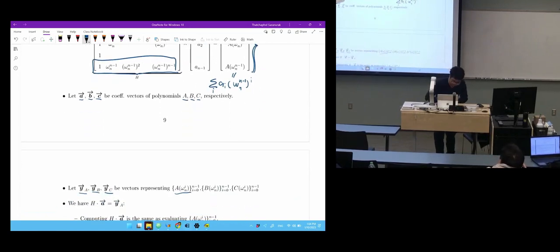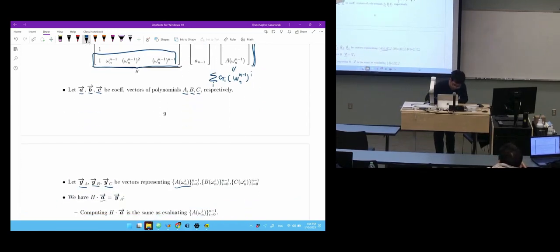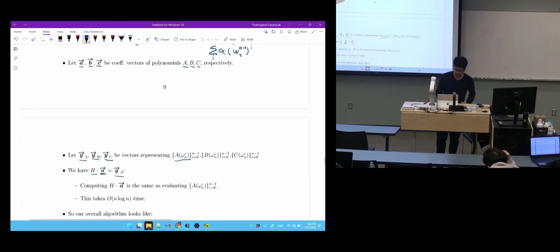Now you can see that if you multiply vector A by H, it will just give you YA. So computing H times A is the same thing as evaluating A at all roots of unity.